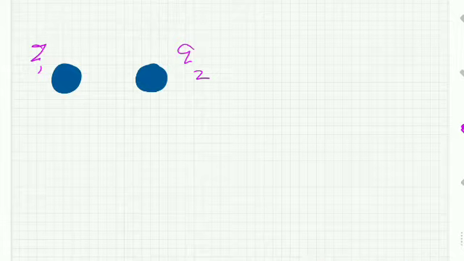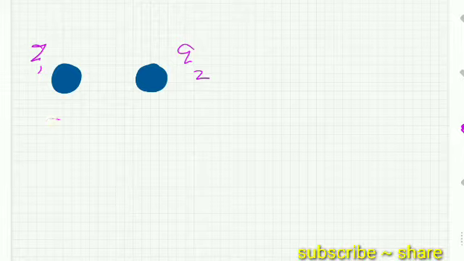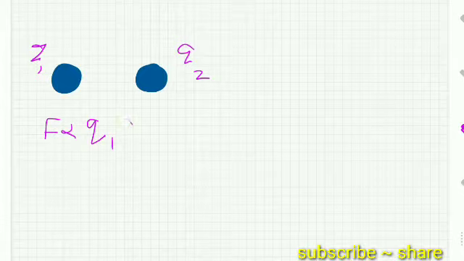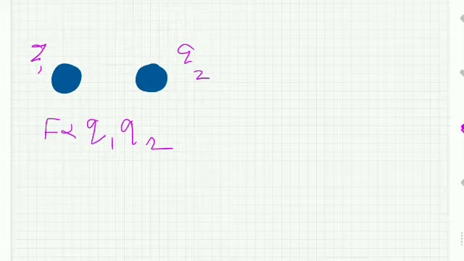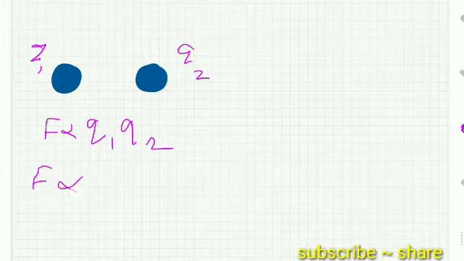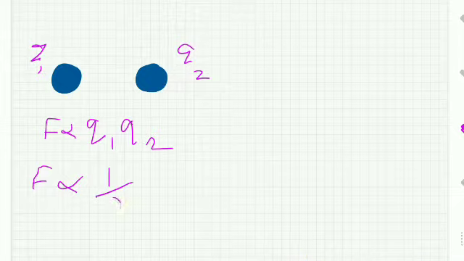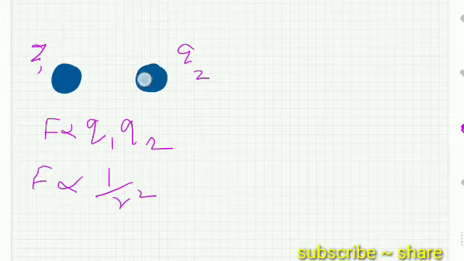The force of attraction between two bodies: F is proportional to the product of the two charges q1 and q2, and F is inversely proportional to r square, where r is the distance between the two charges.